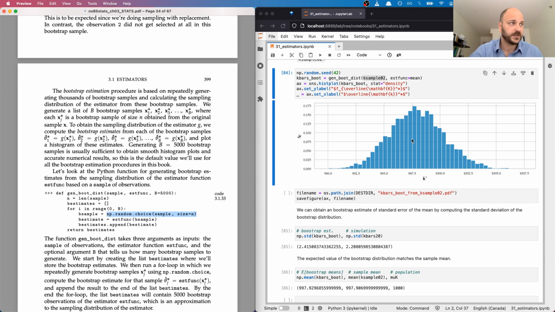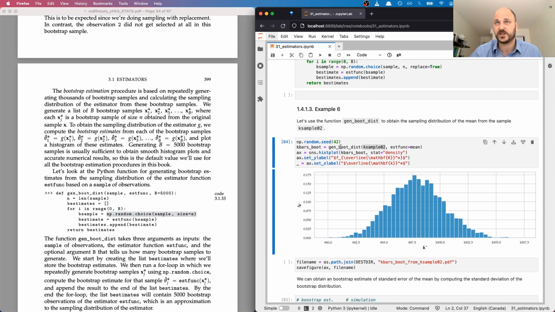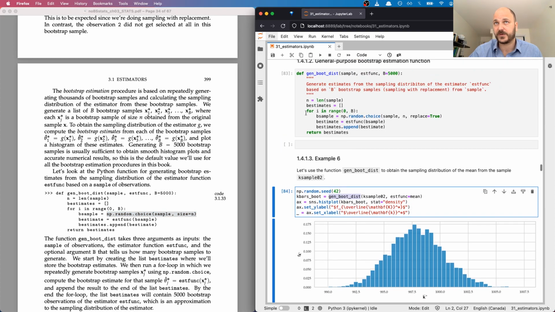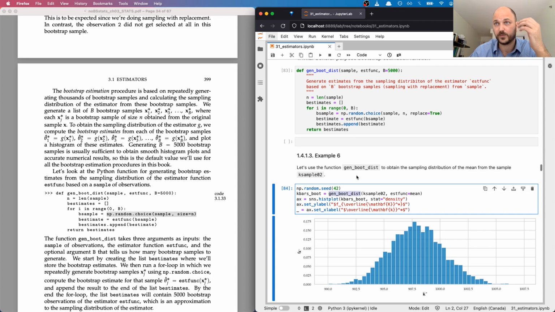In other words, people didn't have that 100 years ago. They didn't have computers, right? This function here, gen boot, is super easy to run in modern days when you have a computer. But in the old days, they didn't think about this. So instead, they came up with some other ways. In modern days, this is a very straightforward way.